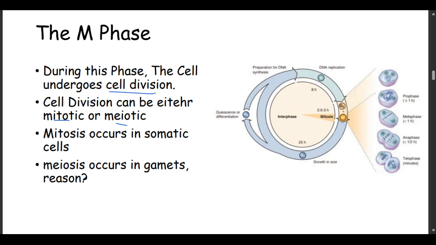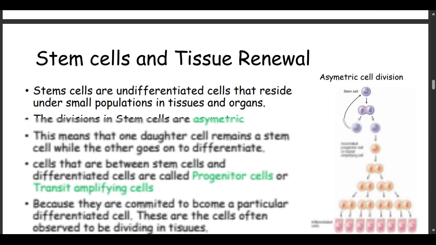The sex cells are known as gametes, and these ones are special because they have to undergo what is known as reductive division or meiosis. Meiosis is known as reductive division because you're going to be reducing the number of chromosomes so that after fertilization you keep having the same number of chromosomes in the new organism.